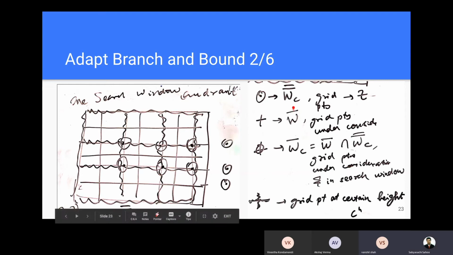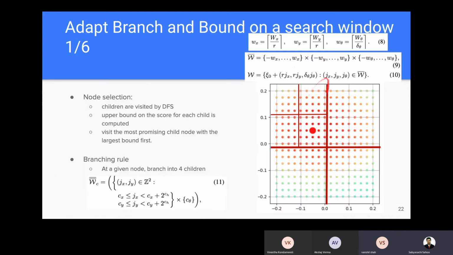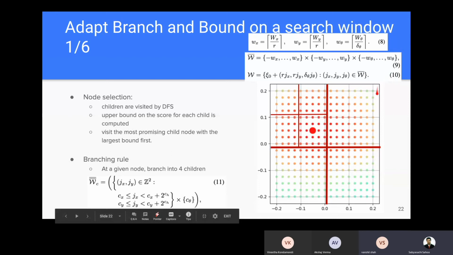One line summary again: WC double bar is grid points at a certain height H. W bar was nothing but what we had initially, that is all the grid points that brute force was looking at, and an intersection.